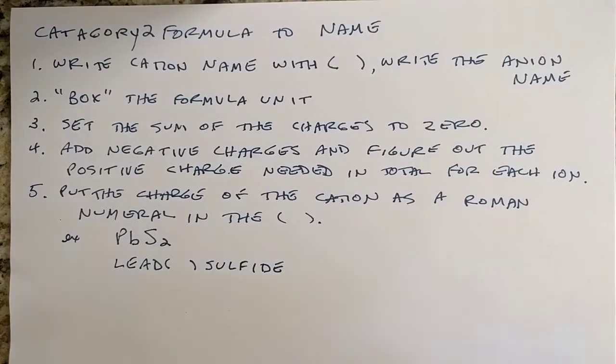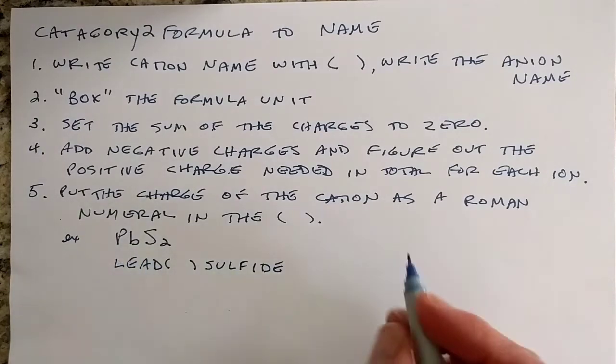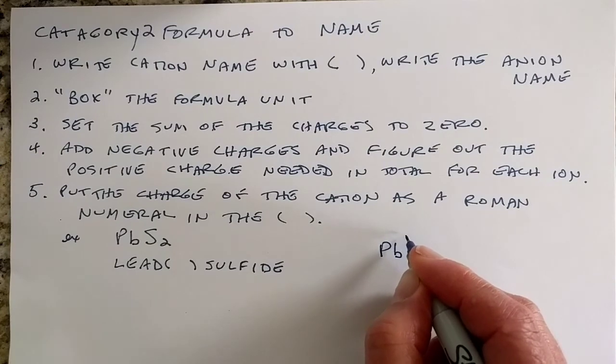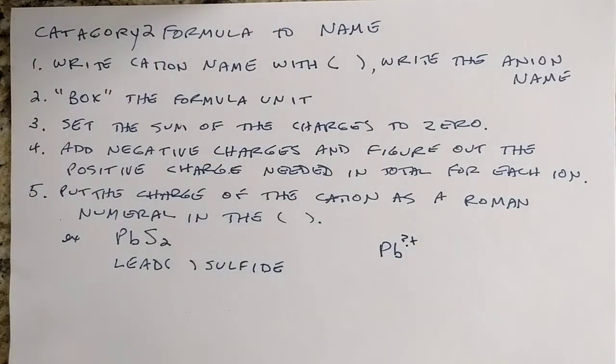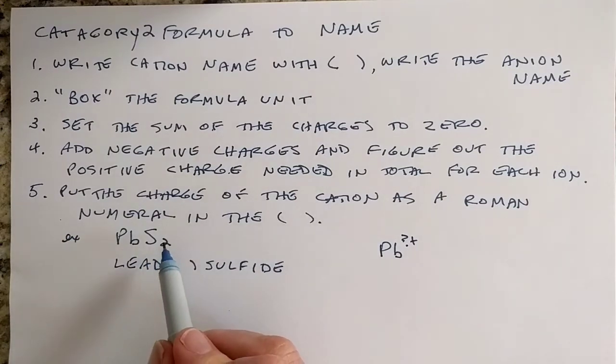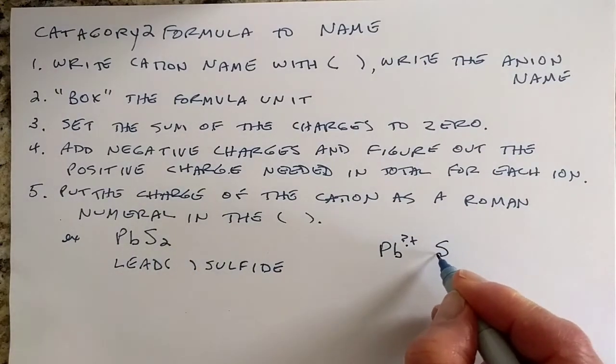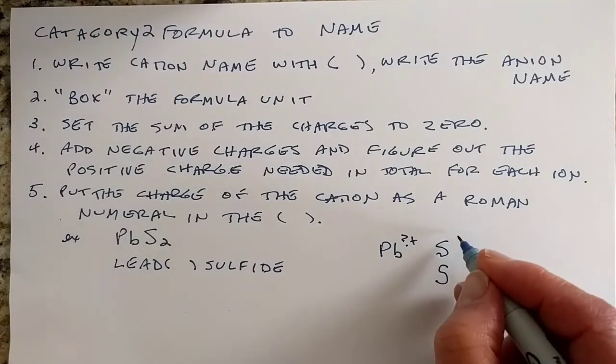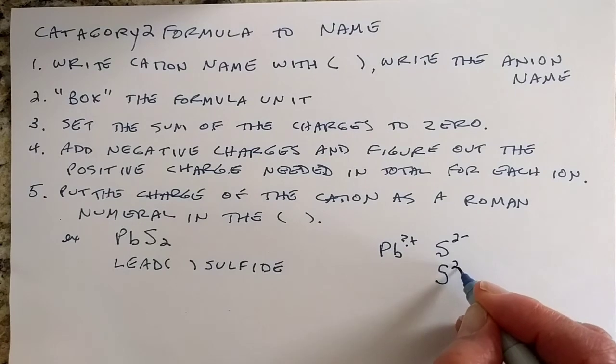Okay, now we're going to box the formula unit. What does that mean? We're going to look at our formula, and our formula tells us how many ions of each element we have. So this means we have one lead ion, Pb, and it's something plus something. We don't know what the charge is. That's what we're trying to figure out. And our formula tells us we have 2 sulfide ions, S. Sulfide, look on your chart, is a 2- ion.